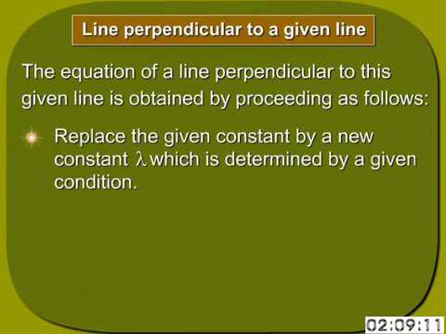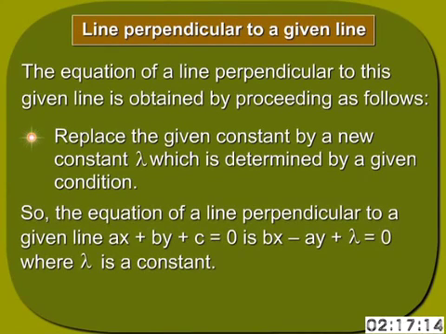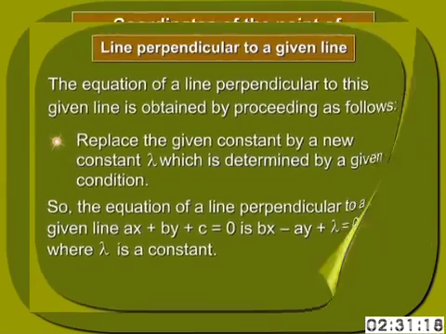Third, replace the given constant by a new constant lambda, which is determined by a given condition. So the equation of a line perpendicular to a given line, ax plus by plus c equal to 0, is bx minus ay plus lambda equal to 0, where lambda is a constant.